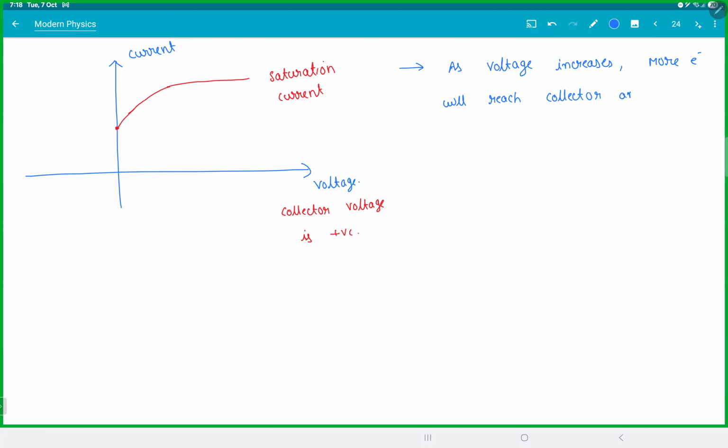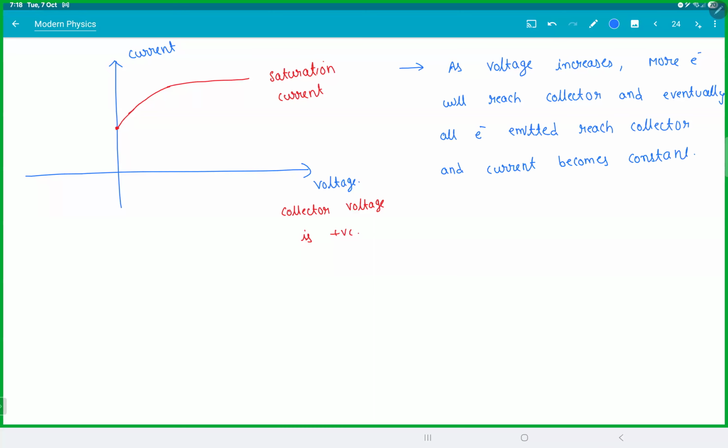And eventually, all electrons emitted reach the collector and current becomes constant. This is what we call a saturation current.